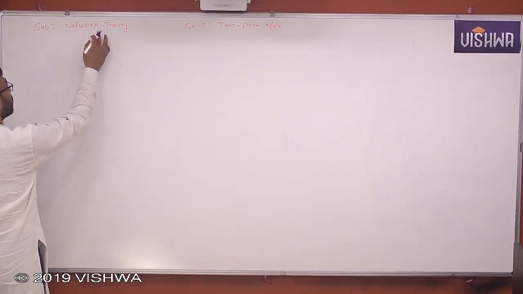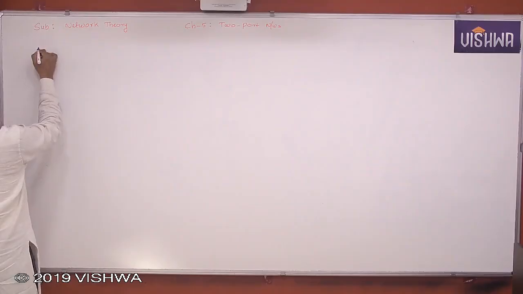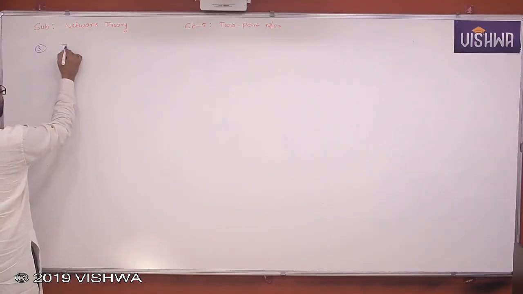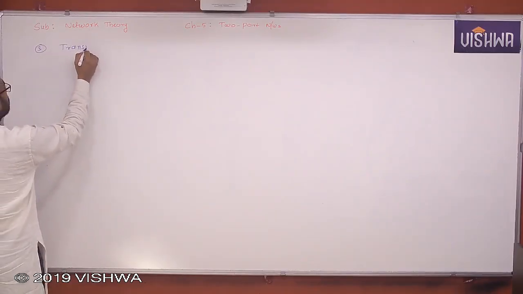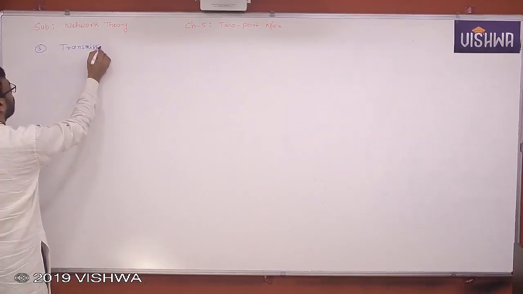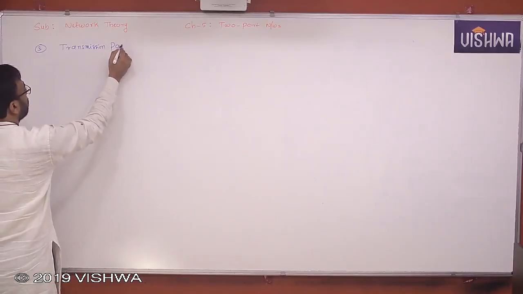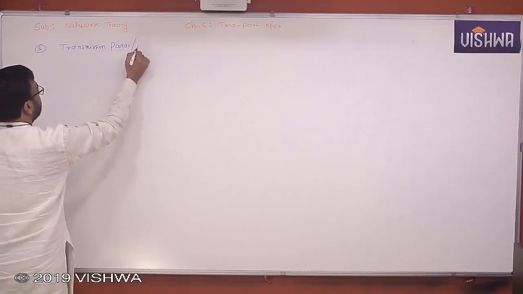Now let's go with ABCD parameters. Third one, transmission parameters, or ABCD parameters.